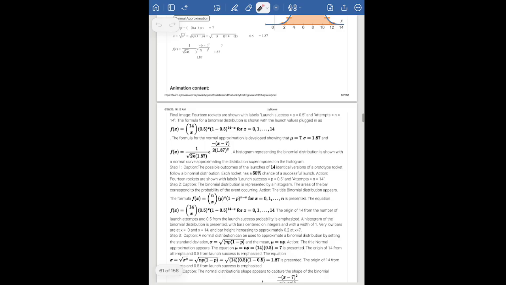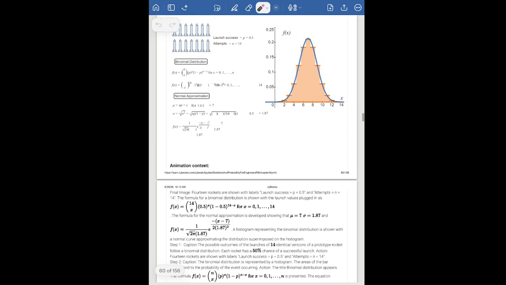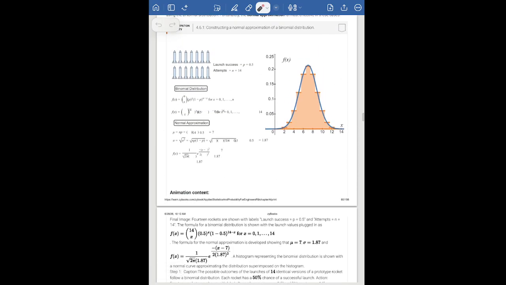Right. So here's an example. If you were to have some rockets, you can see here that our distribution graph is there, and we could start off with having launches be a success versus they could be failing, right? So we have a binomial distribution here with success or failure, like a heads or tails situation, 14 attempts.